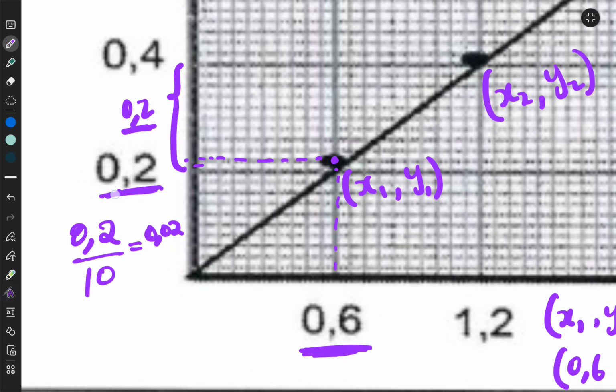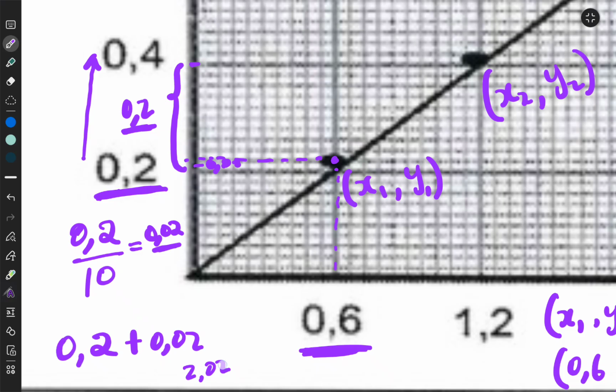As I move from 0.2 going to 0.4, I increase by 0.02. That means each of my spaces is 0.02, and so on until I get to 0.4. So space 1, I'll be on 0.2 plus 0.02, that's 0.22.